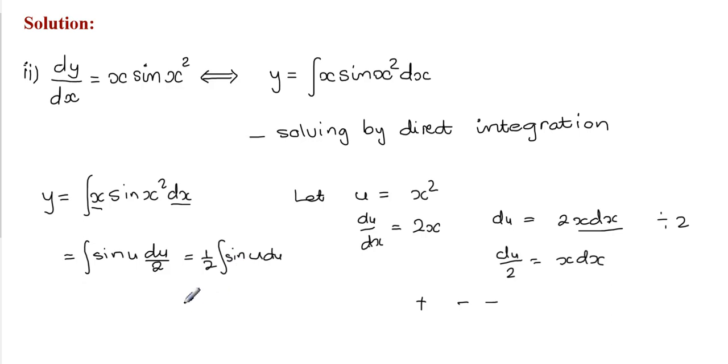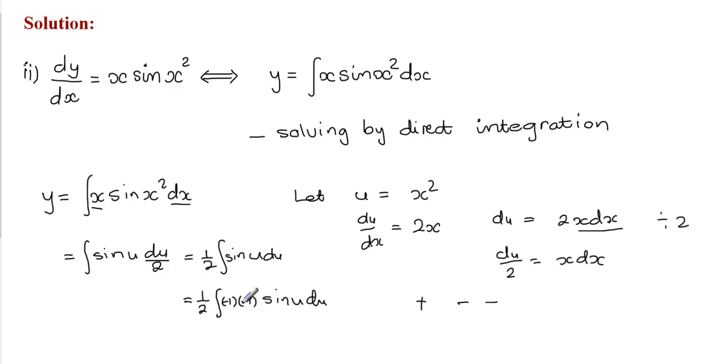So what you can do is simply write half, minus 1 times minus 1, sine u du. You can check that these two are equivalent, because we're changing a plus to two minuses, which is equivalent to a plus.